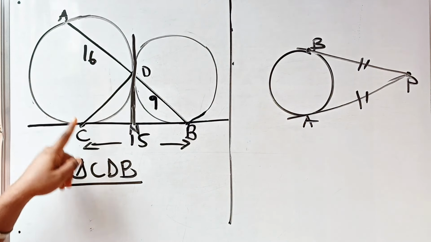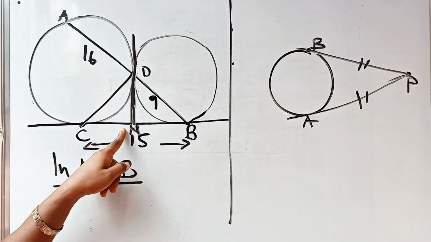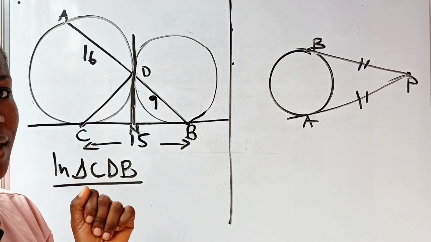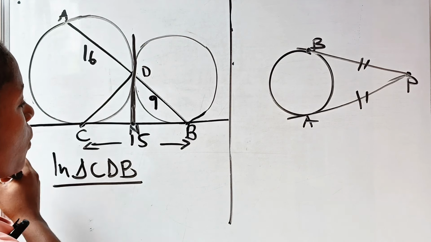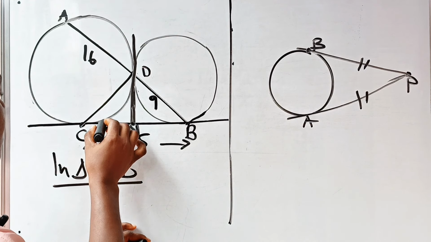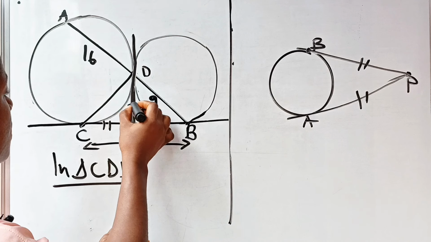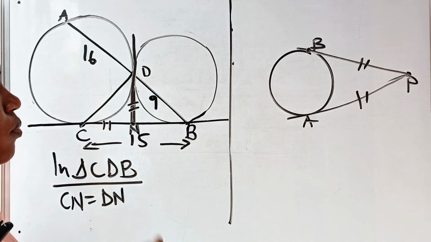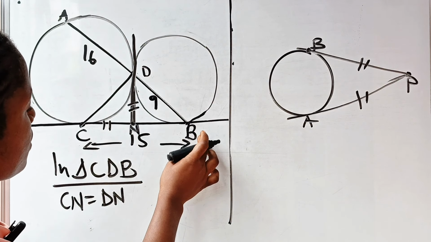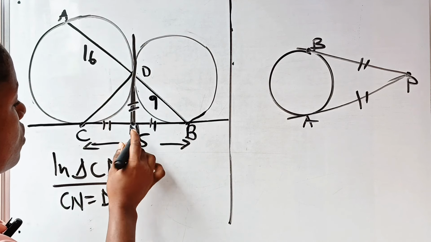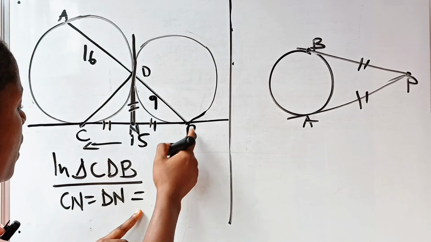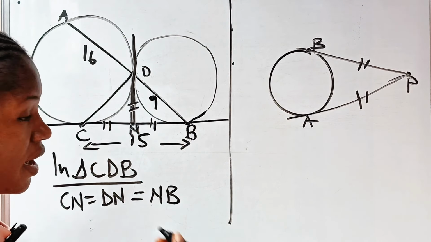If you look at this, you can see that CN is a tangent and DN is another tangent, and this is their meeting point. So it simply means that CN is equal to DN. All right. Similarly, NB is equal to ND. So NB is equal to ND, which is also equal to NB or BN.